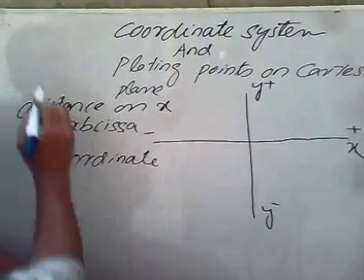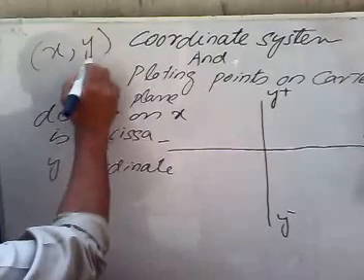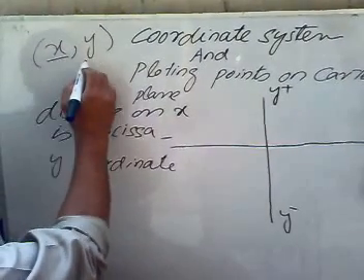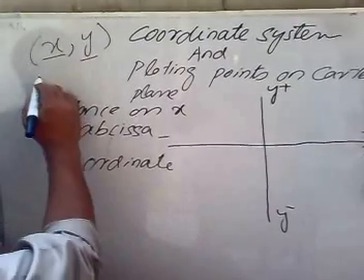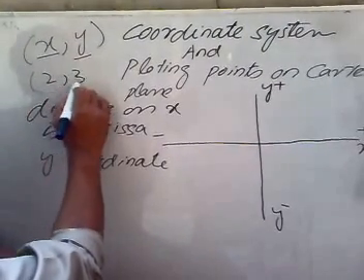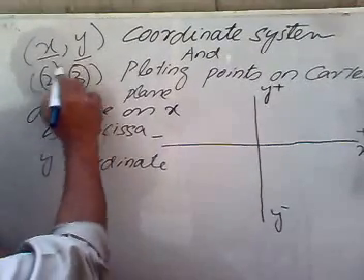So when we write a point in this form, suppose (x, y), then the first part is called abscissa and the other is called ordinate. So for example, we have the point (2, 3). It means that this 2 is the abscissa and this 3 is the ordinate.